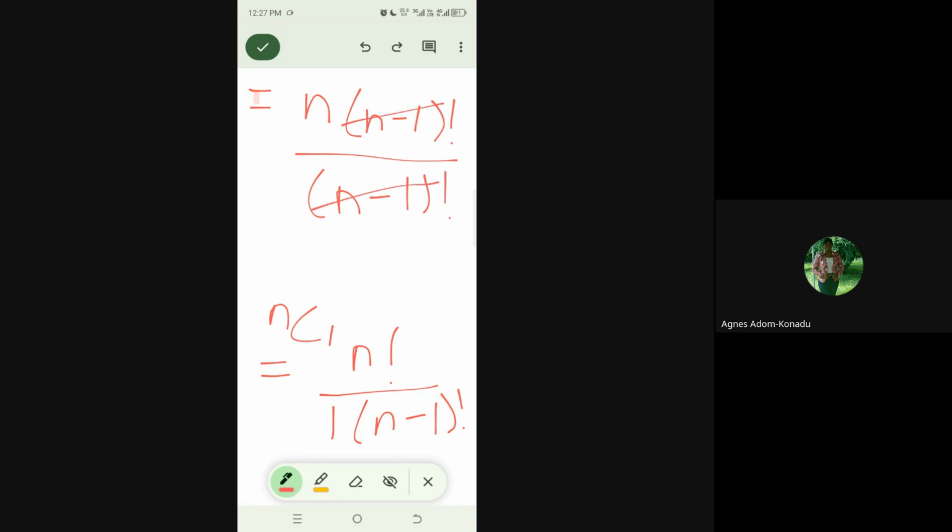This cancels, so at the end of the day we just have n. Are we okay? That is why, when they simplified the second term, they had n times 2x times sine. The same thing applies to n combination 2.